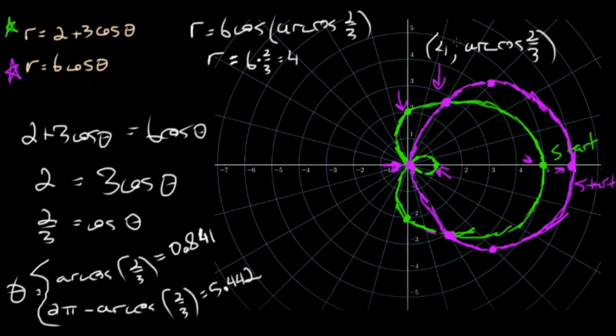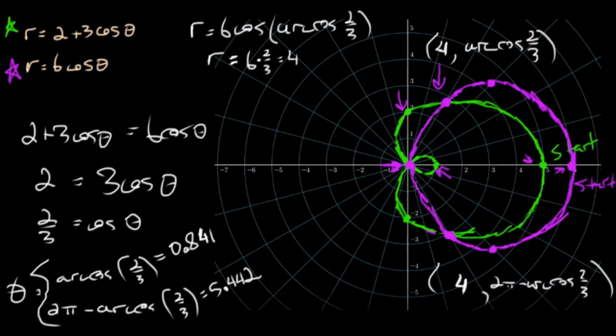But that's my bad. All right, the actual solution is 4, arc cosine 2/3, and then down here we got 4, 2 pi minus arc cosine 2/3. That's going to be still 2/3 when I take the cosine of that, so that's also going to be 4.